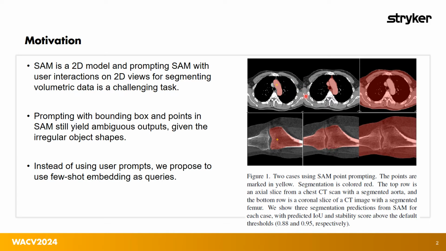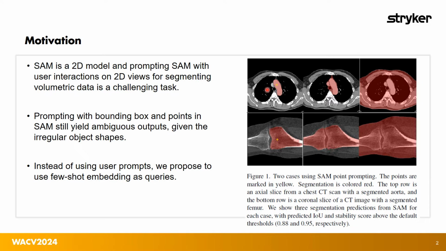One has to provide negative examples or background points for SAM to figure out where the target object is. But this can be very time-consuming. If you want to segment a 3D object, you have to run SAM slice by slice, and for each slice, the user has to provide multiple points for SAM to find the target object, which could be very demanding.